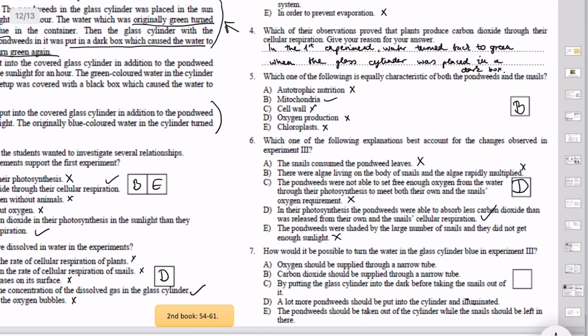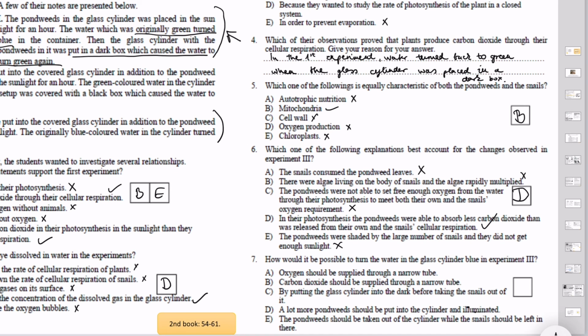How would it be possible to turn the water in the glass cylinder blue in experiment 3? So when we want to turn it back to blue from green, it means that the carbon dioxide concentration should decrease. So let's try to find a statement that will help us to decrease the carbon dioxide concentration in the system. Oxygen should be supplied through a narrow tube. Carbon dioxide should be supplied. No, we want less. By putting the glass cylinder into the dark before taking the snails out of it.